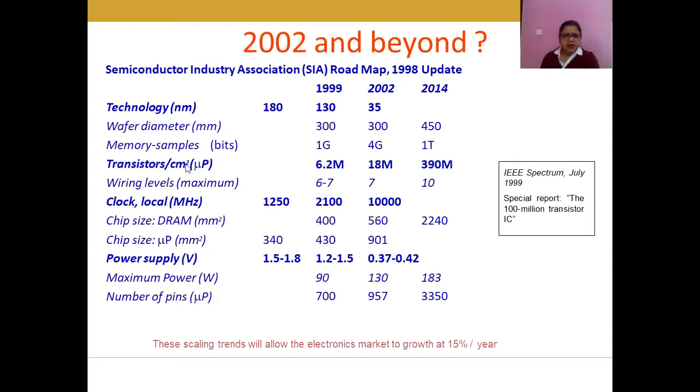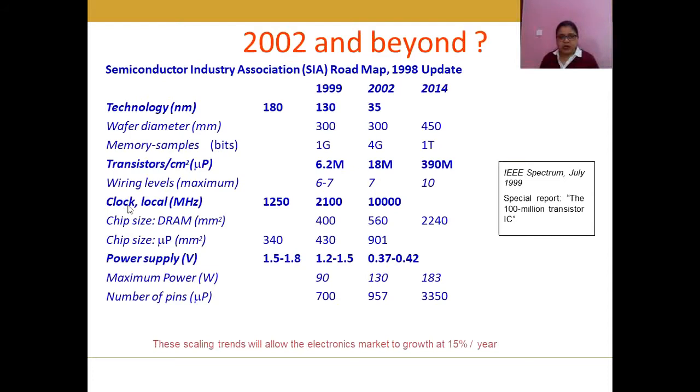Then transistors per square centimeter: see, 6.2 million transistors in 1999, and within 15 years, 390 million transistors per square centimeter area of a chip. A huge advancement, and a big density increment basically has been done.